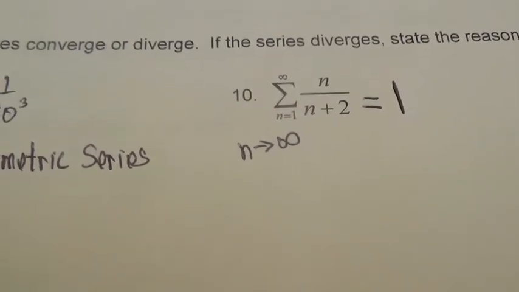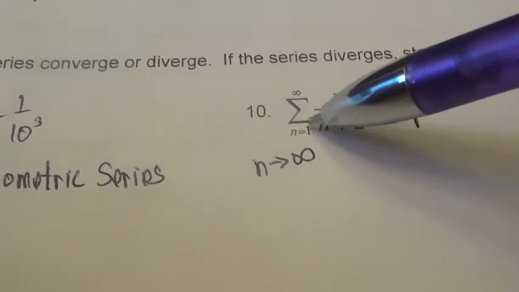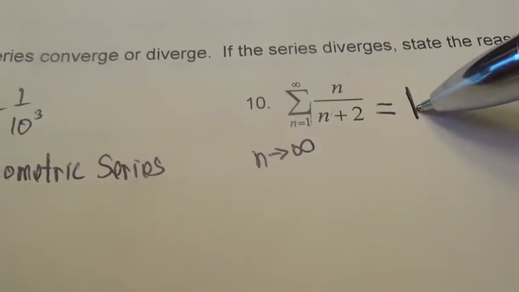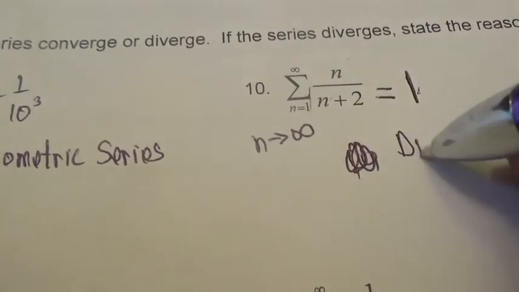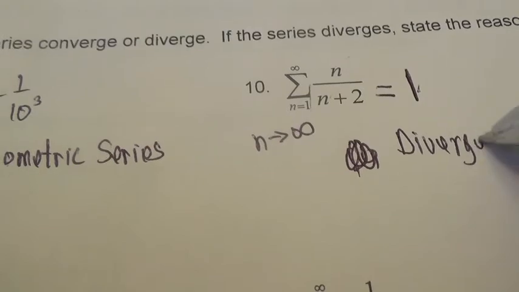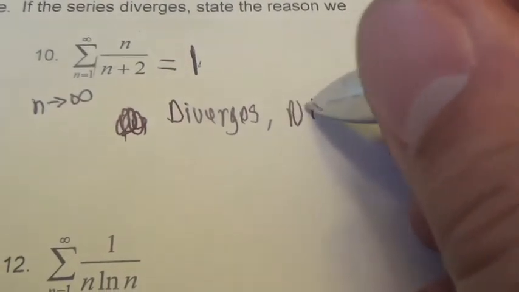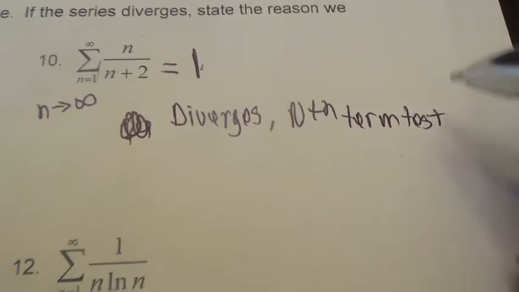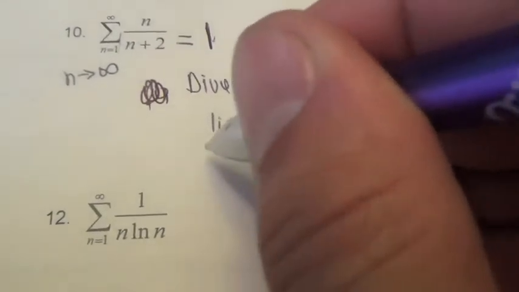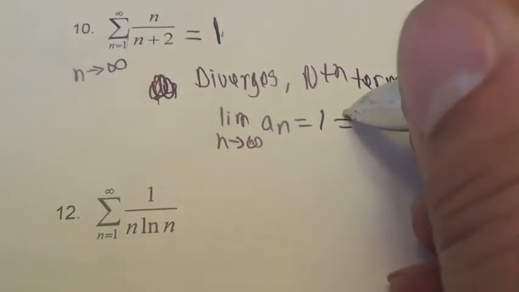The only way that it passes the nth term test is if this would have been a 0, but since we have same degrees, coefficients 1 over 1, that means this diverges. Nth term test. And then you would say the limit as n goes to infinity for our nth term is 1, which is not 0.